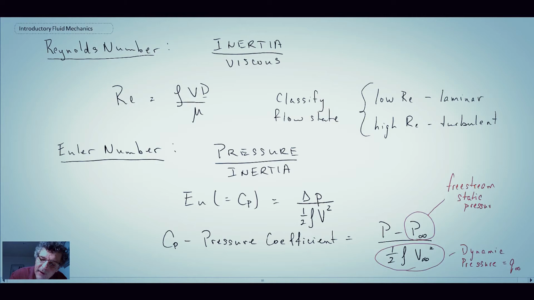And then P in this equation obviously would be the pressure that is of interest at some given point in the flow field. So that is the pressure coefficient. And a lot of this derives from Bernoulli's equation.